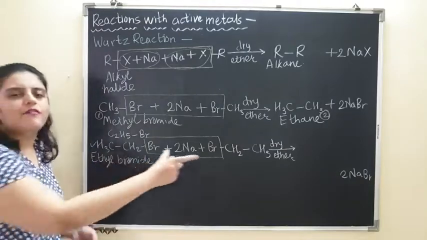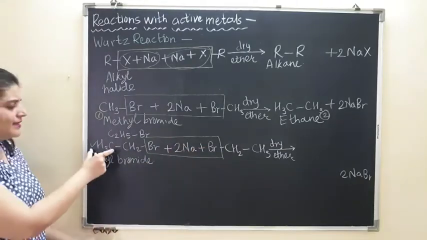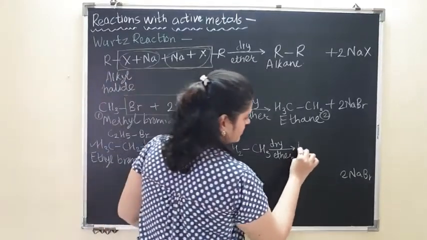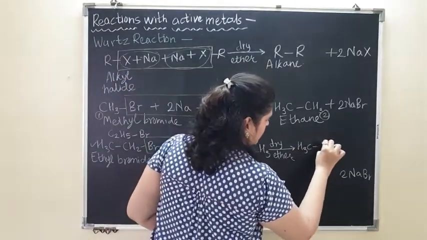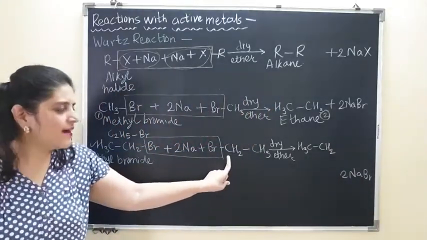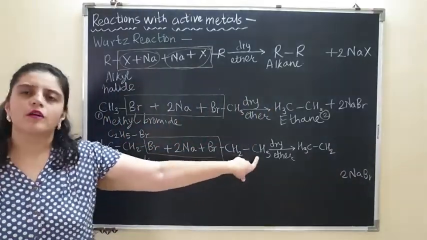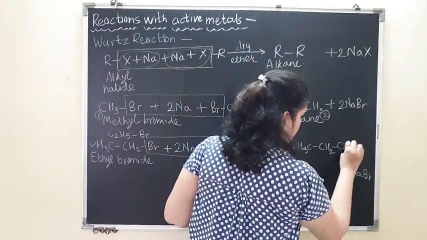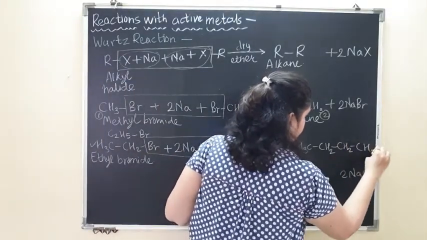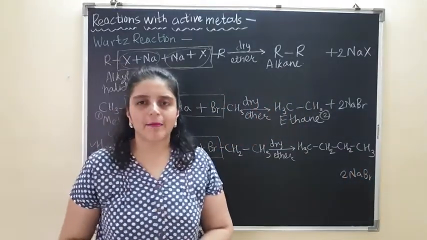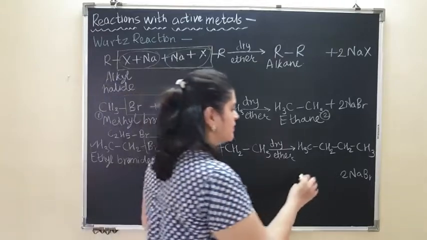Whatever is left, we will write it exactly like this: CH3CH2, and what is left on this side, again single bond CH2, single bond CH3. So what we have obtained over here is an alkane with 4 carbon atoms, which is butane.